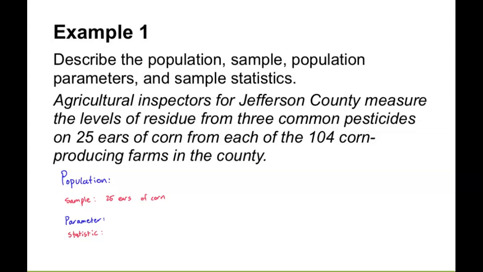Go ahead, Naomi. So we're getting there. They're interested in corn in general, right? At those corn-producing farms. For the entire world? Okay, so what we're going to say is the population is corn produced in Jefferson County, right?